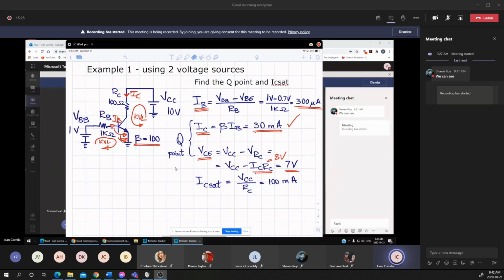But keep in mind that the saturation current is related to this circuit and always has to be less than or equal to the IC max from the specs of the transistor. Usually I will remove that equal sign, because I'm not trying to push the semiconductor to the maximum current. I'm always choosing the saturation current for a transistor less than the IC max.